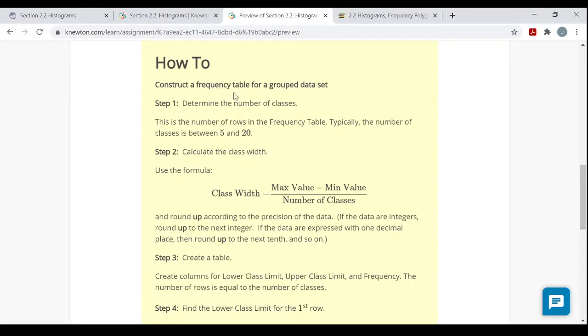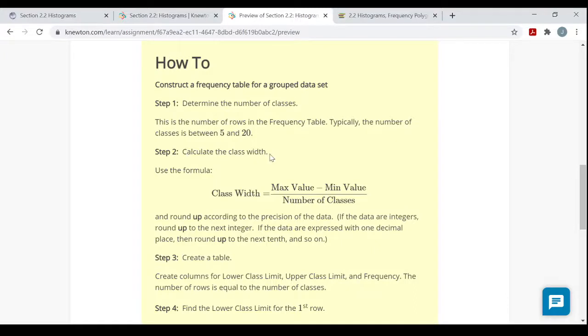How to construct a frequency table for a grouped set of data, where we break data up into groups and classes, intervals. So step 1, determine the number of classes, and this will be told to you. In a lot of the problems you're going to see, they're going to say, make a frequency table with this many classes. So just pay attention to that. This is the number of rows in the table. Typically the number of classes is between 5 and 20.